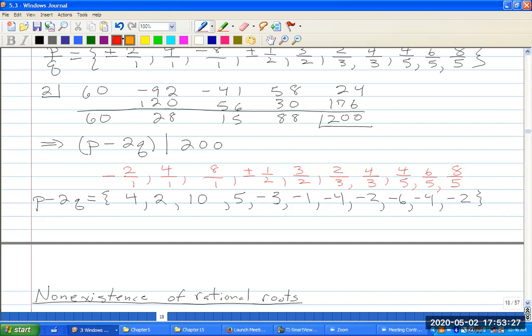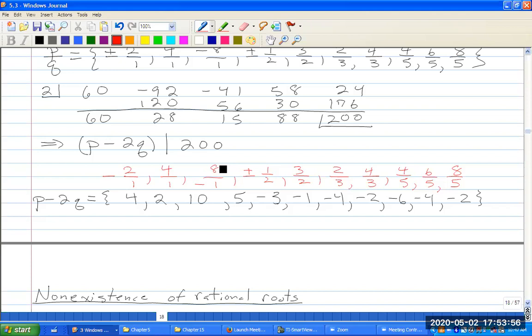Not that it really matters. Wait, I'm getting confused. And how did you get 10? So I do 8 is P. Q is negative 1. So negative 2 times negative 1 is a positive 2. 8 plus 2 is 10. Remember, my Q is a negative 1 here.